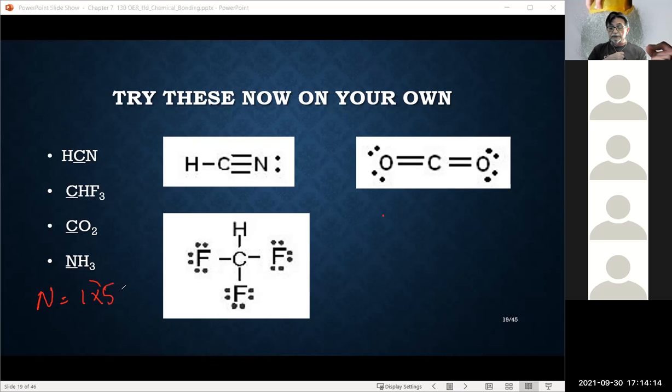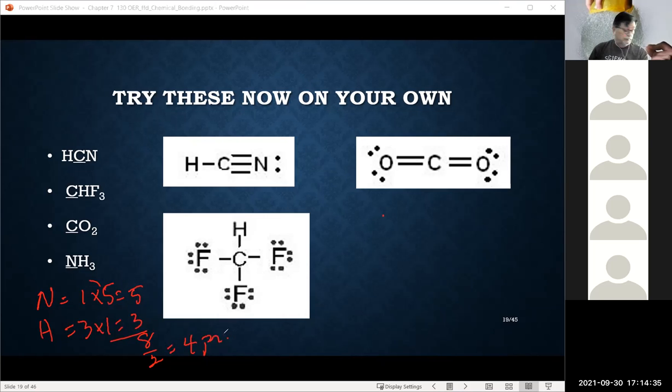Exactly. It is in group 5, so there's 5 valence electrons. We know that the hydrogens each bring 1, but there's 3 of them, and so we got 3 valence electrons from the 3 hydrogens. So we have a total of 8 again, or 4 pair.